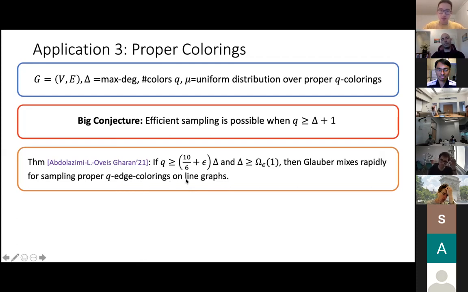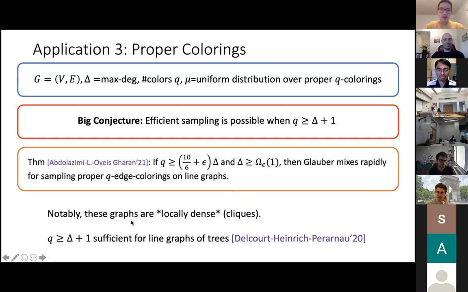What we managed to show, using this new spectral independence technology, is that for Q larger than 10/6 times the max degree, which notably is better than 11/6, we can get fast mixing of these dynamics.